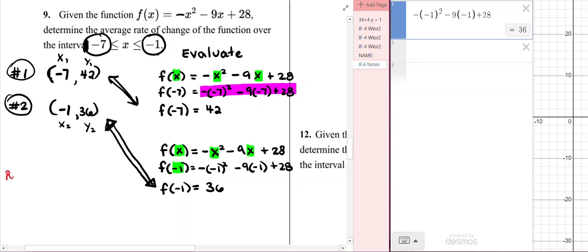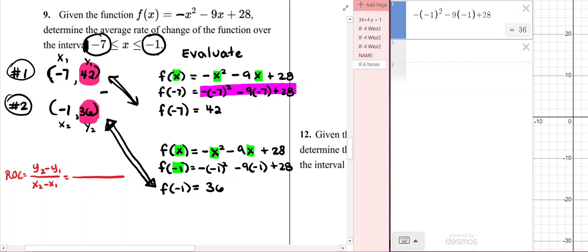The rate of change is going to be y2 minus y1 over x2 minus x1. So y2 is right here, and that's y1. Remember, there's going to be a subtraction sign between them.